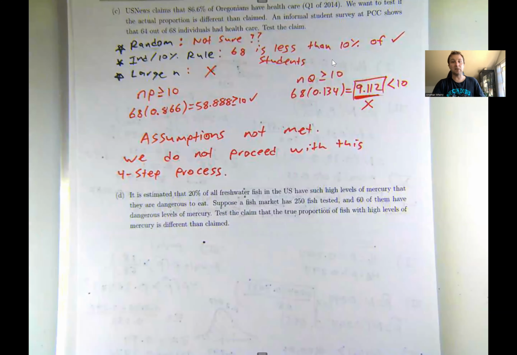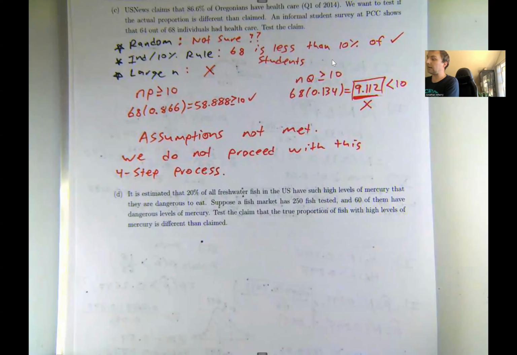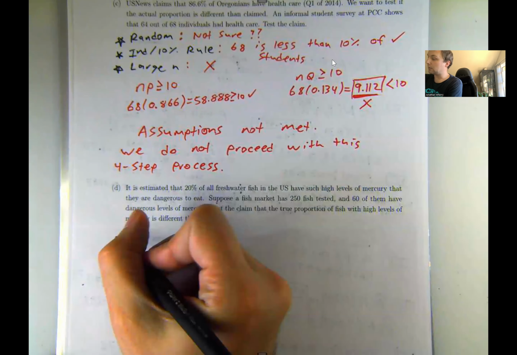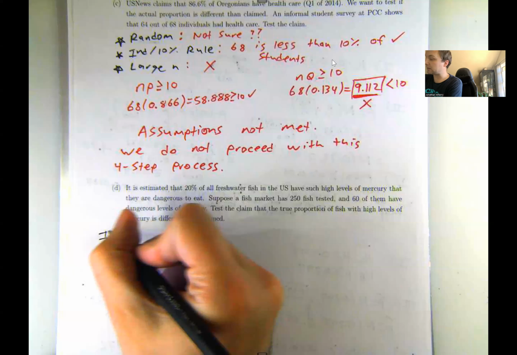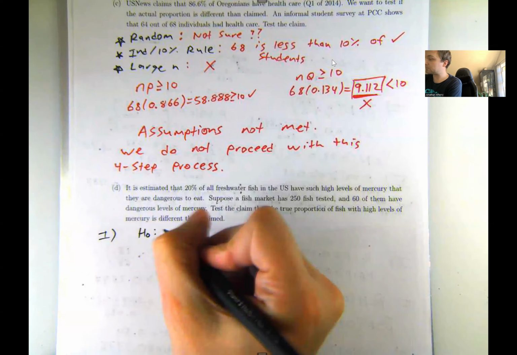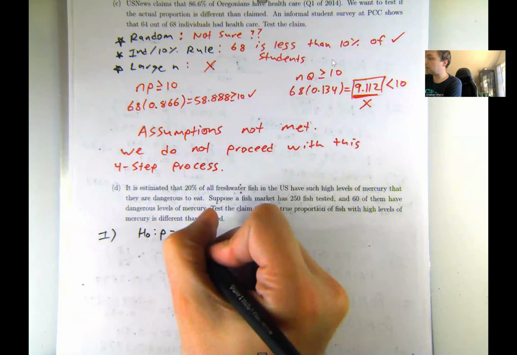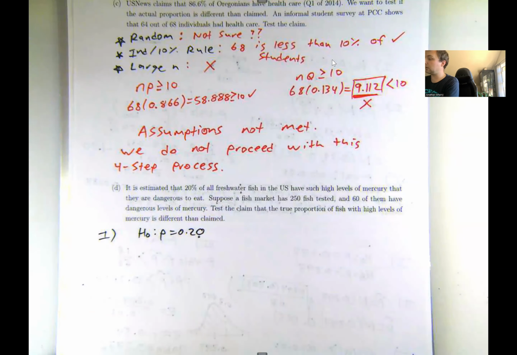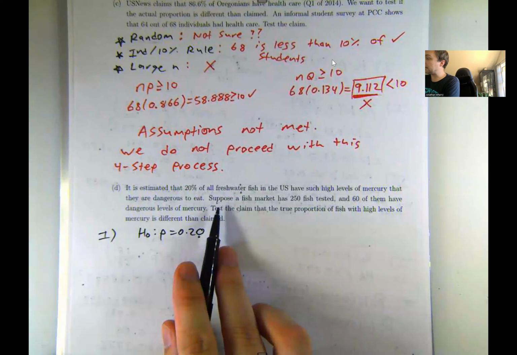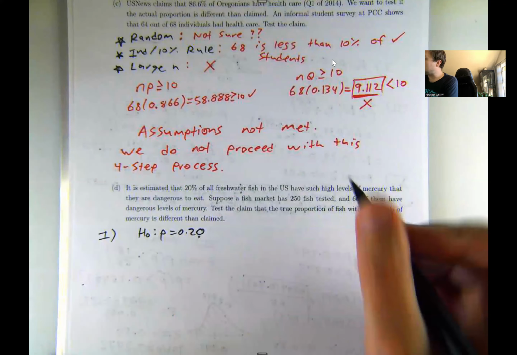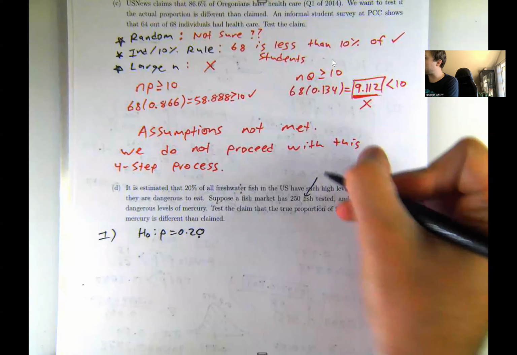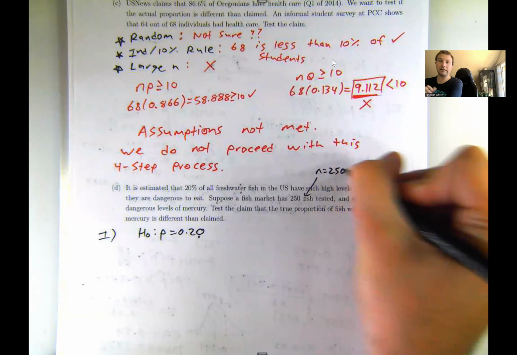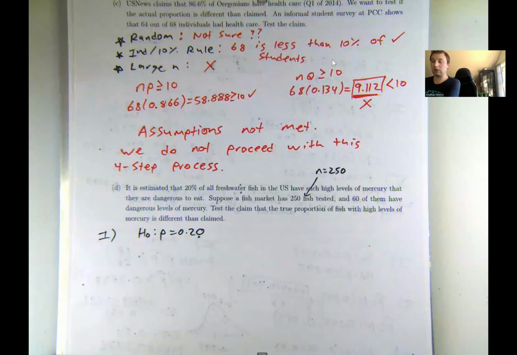It's estimated that 20% of all freshwater fish in the US have high levels of mercury. So for my 4-step process, the claimed value proportion is 20%. And it says, suppose a fish market has 250 fish that are tested, so an N of 250.